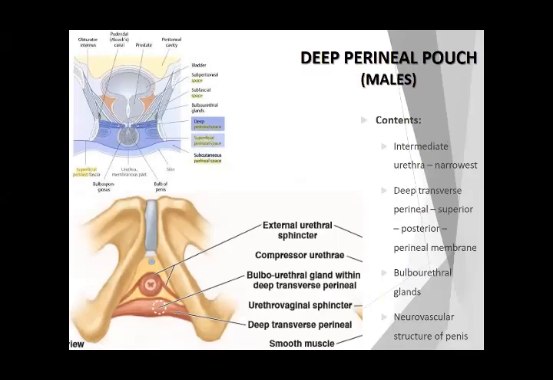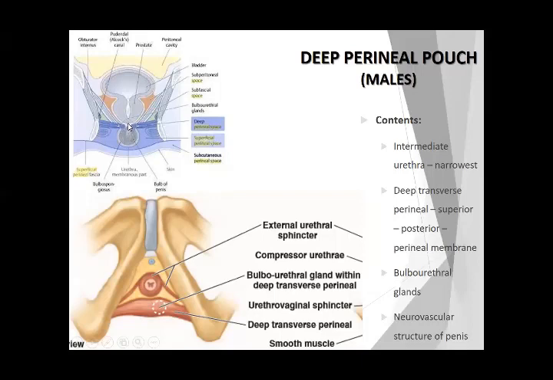Let us look at the contents in the males. In the males, look at this, this is the prostate. This is the urinary bladder. This is the prostate, the prostatic urethra. Now the prostatic urethra leaves at the apex of the prostate and passes through the urogenital deep perineal pouch.